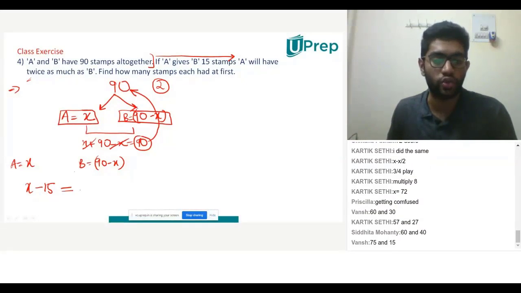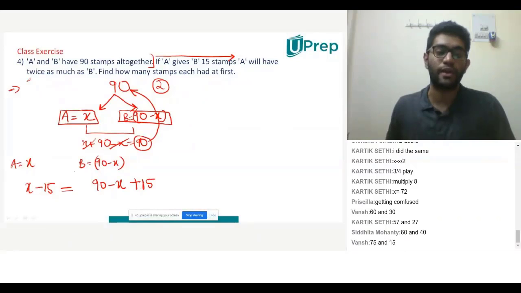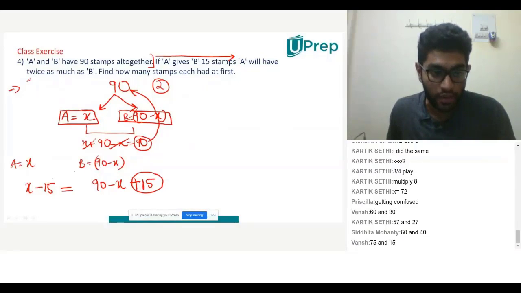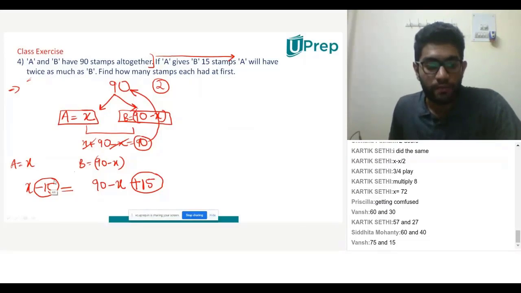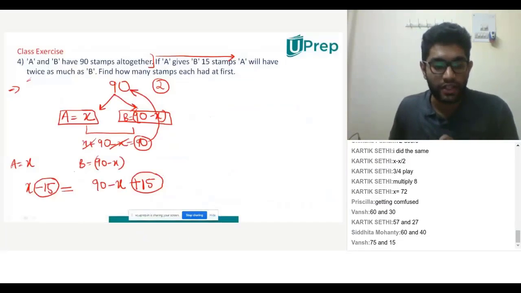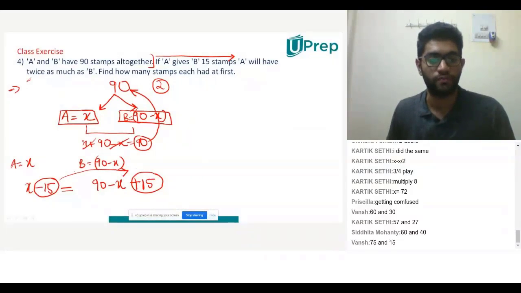Now who is he giving it to? He is giving it to B. That means the number of stamps with B is increasing by 15. Is this step clear? If A gives to B and there are only 2 people, 15 less from A is going to B. That is what he's trying to say.